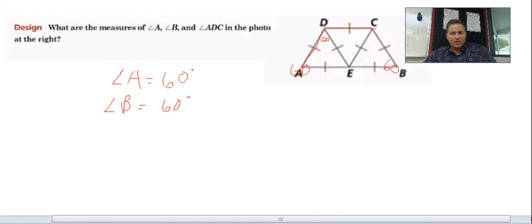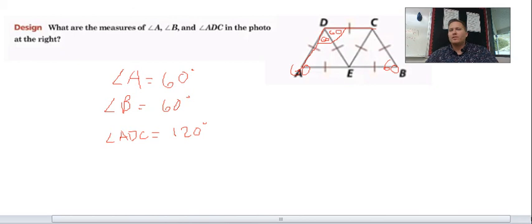And this angle right here is also in an equilateral triangle, which means that this angle is going to be 60 degrees. And what I'm trying to find is that angle right there. So it's like two of them combined together. So I take 60 added with 60, it's like double. So it means that angle ADC is going to be 120 degrees.